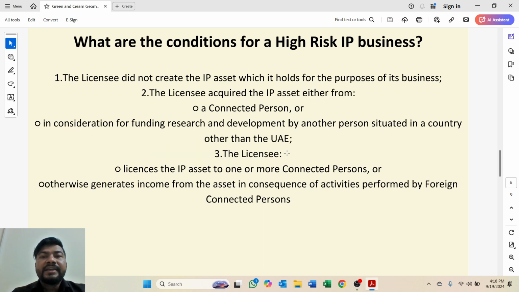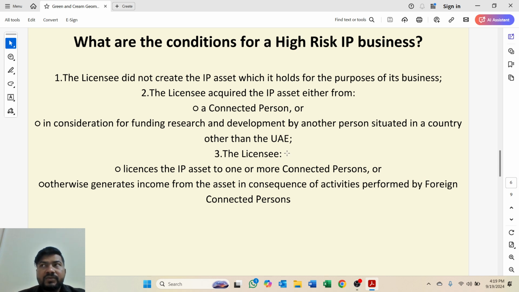Another is intellectual property business. In intellectual property business, there are two categories: one is normal and the other is high risk intellectual property business. Intellectual property means intangible assets like patents, trademarks, copyright, or technical know-how.